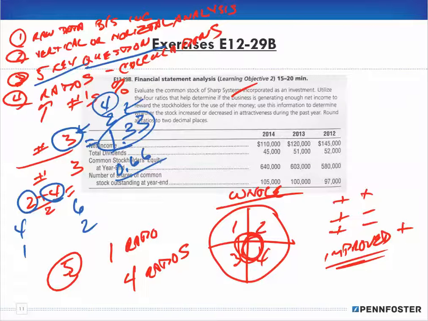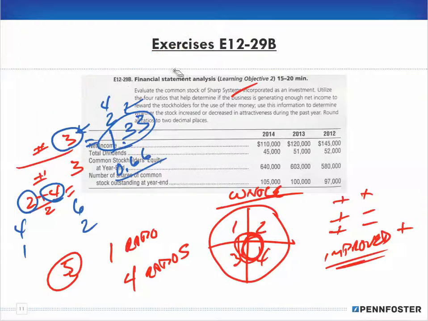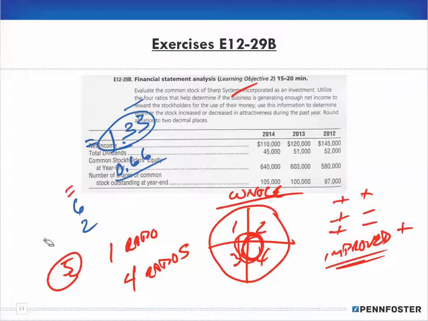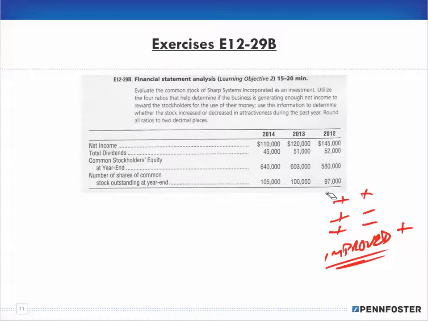So I know I've spent 7 minutes talking about this, but it is important, and those who don't watch this video are going to miss it. So be happy that you have some understanding of what you're trying to accomplish in this particular chapter, because it's about analyzing the information. You don't crunch numbers. You don't create balance sheets and income statements. You don't create financial statements just to create them.